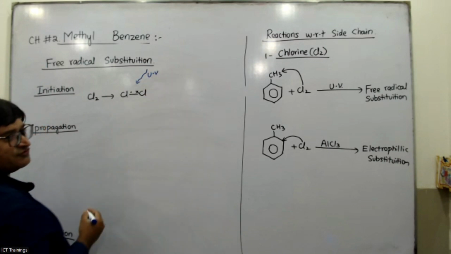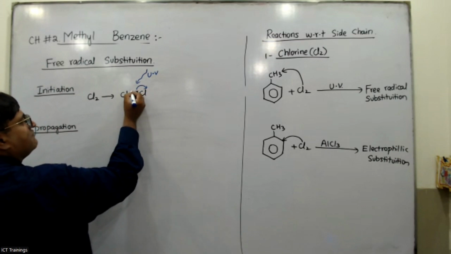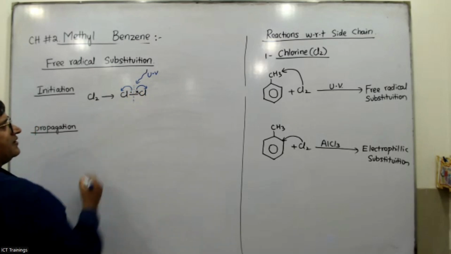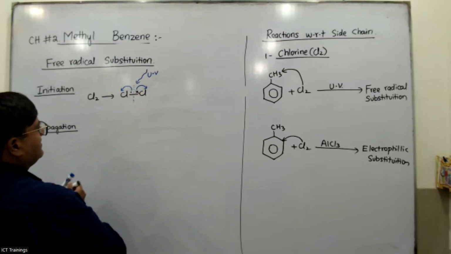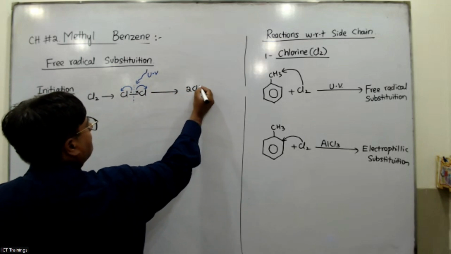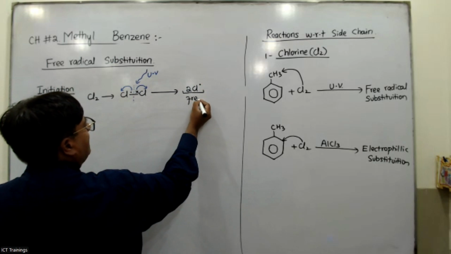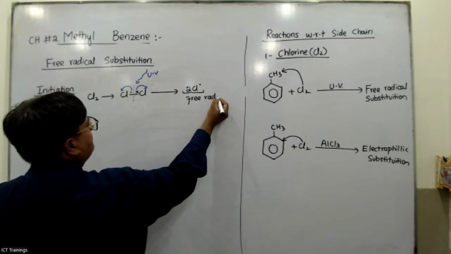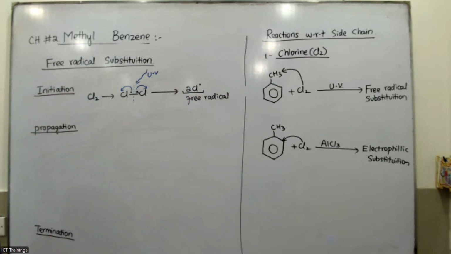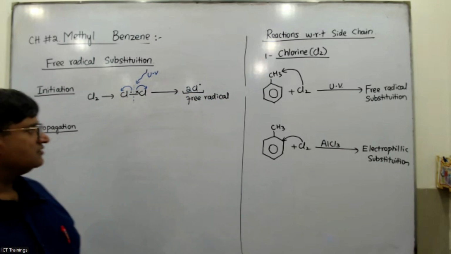In the presence of UV light, this bond is going to break in such a way that every atom gets its electron back. And when every atom gets its electron back, you will get the free chlorine atom, which is called the free radical. So this is the free radical that is being generated.